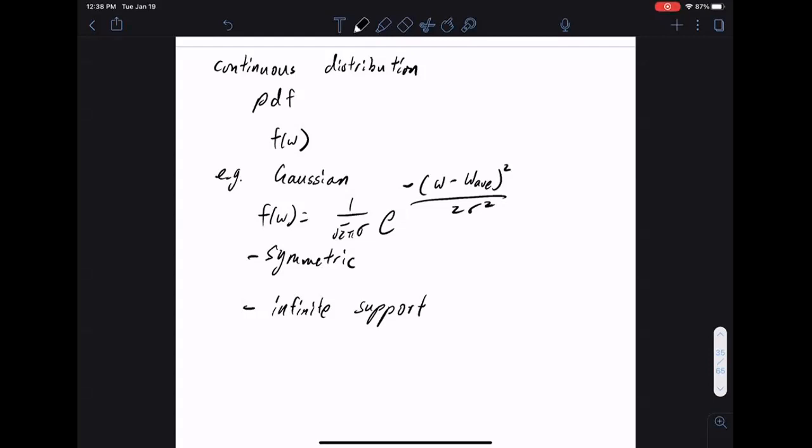So we want a distribution that rules out these two features. Any questions up to this point?